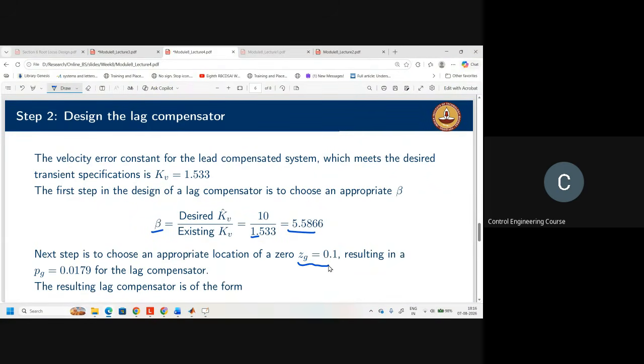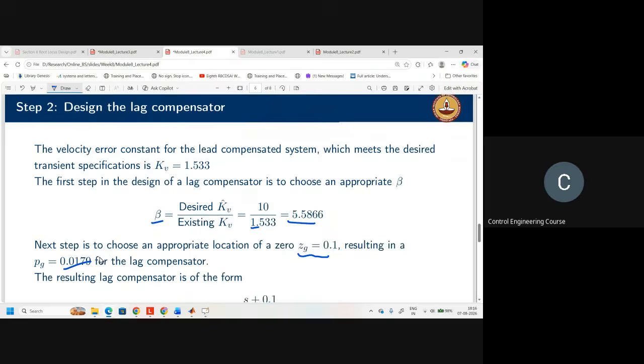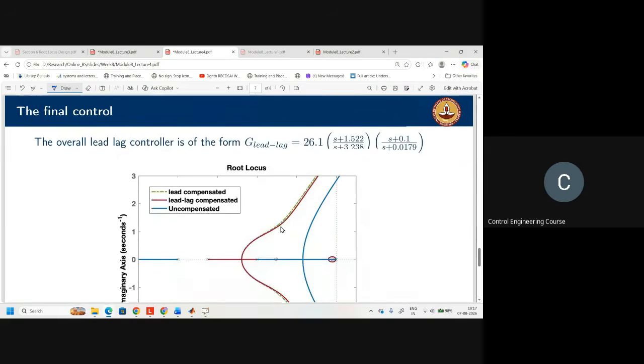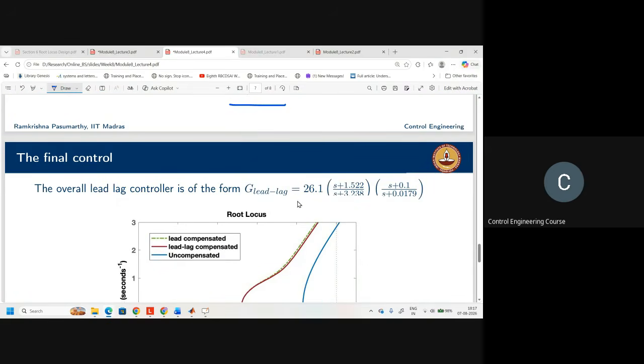Here we are taking the zero Zc equal to 0.1, but sometimes you may need to take one decade below the real part of the desired pole, as I told you. Then the corresponding Pc is this one. So the overall lag compensator is this one, and the final controller is K times the lead compensator and the lag compensator.